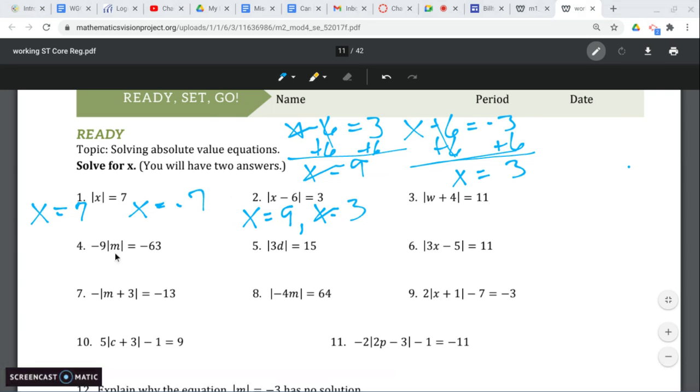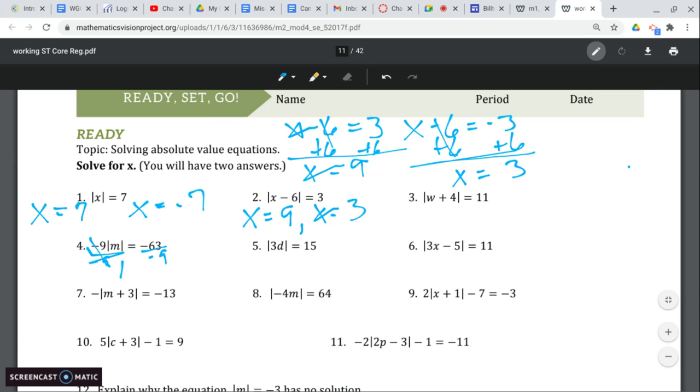Okay, now number 4. On this one, notice it equals a negative number, but we have a negative 9 on the outside of our absolute value. So the first thing we have to do is divide both sides by negative 9. So that goes away.